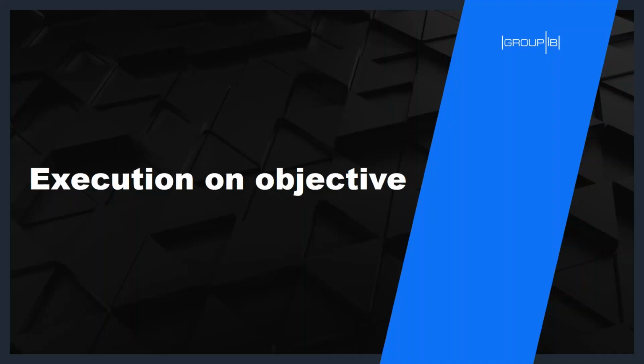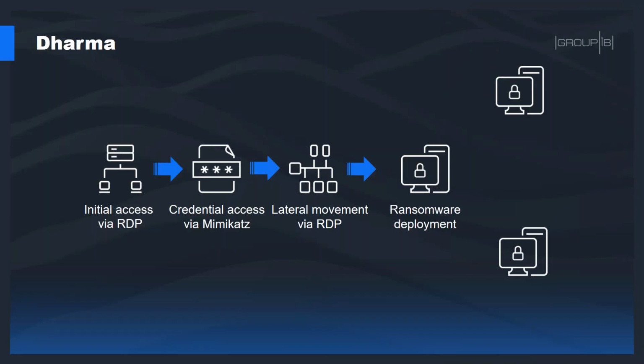And finally, let's look at two different kill chains. The first kill chain is quite simple. It's Dharma ransomware. Usually it's an exposed server that's accessible via RDP, and they access this server via a brute force attack.